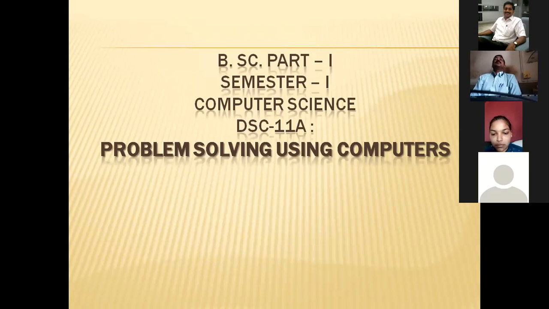The code for this paper is DSC 11A. This is a CBCS syllabus, that is, choice based credit system. So in BSc Part 1, Semester 1, you are learning this paper.